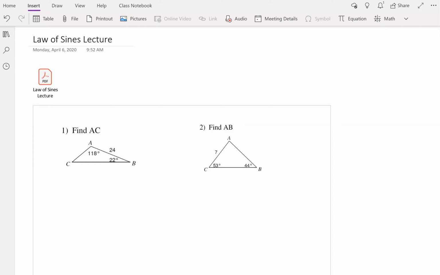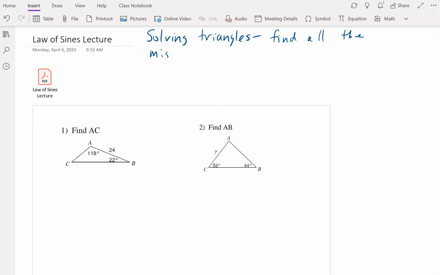All right, so today and on Wednesday, we're going to talk about the idea of what's referred to as solving triangles. So, all we mean by solving triangles is that we're going to find all the missing sides and angles.